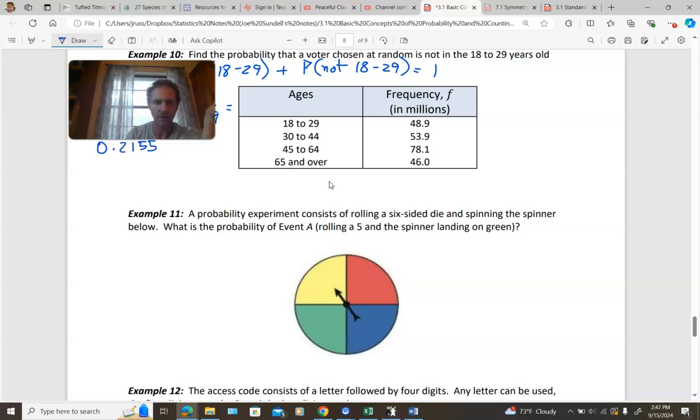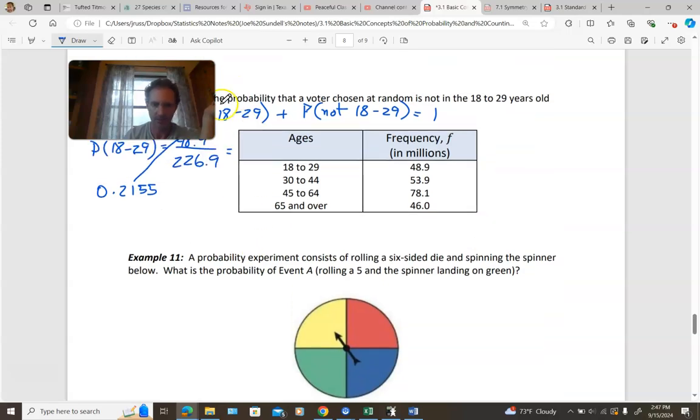Okay, so this is the probability that this event occurs. So then we can utilize that idea of a complement.